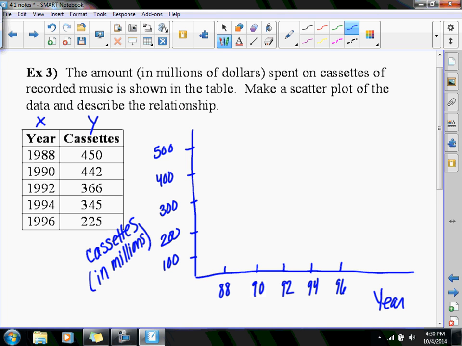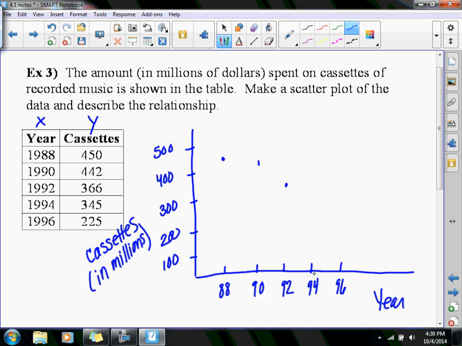And now I'm basically going to plot each of these points. So I'm going to go over to 1988, and I'm going to go up to about 450 and plot my point. So this is very similar to what we did when we were making a line graph. In 1990, I had 442, so just a little bit less than before. In 1992, I had 360, so right about there.